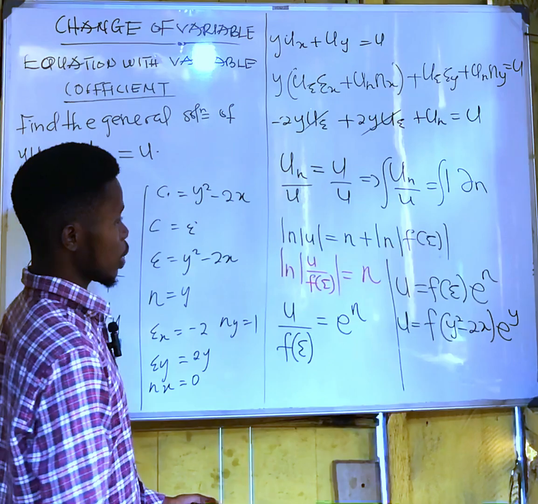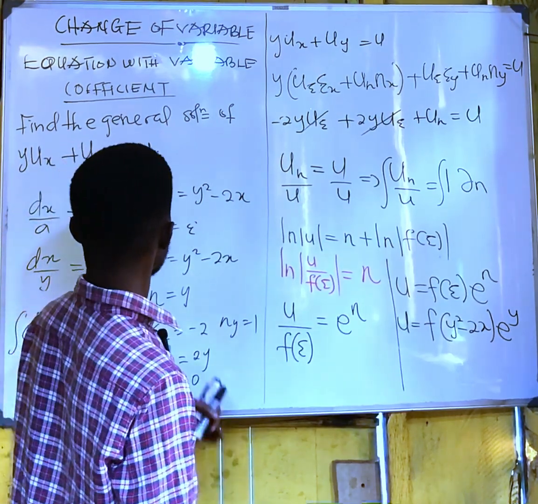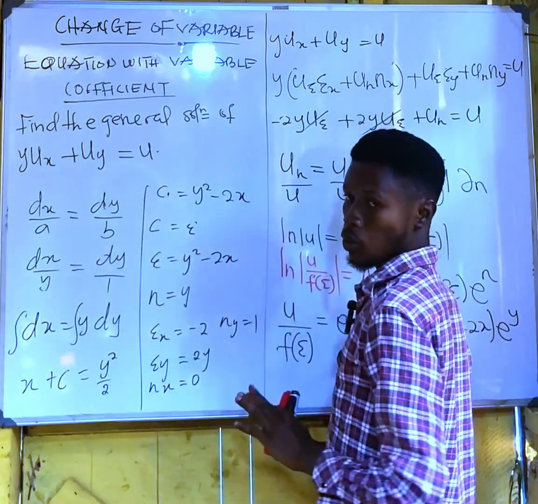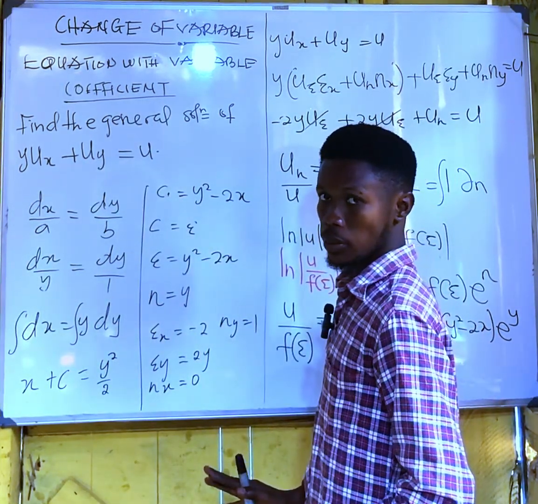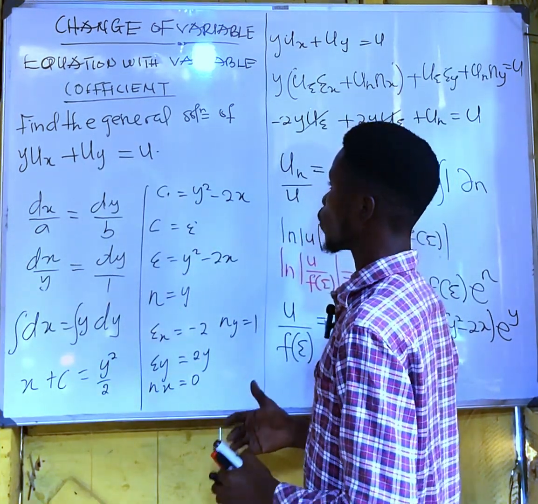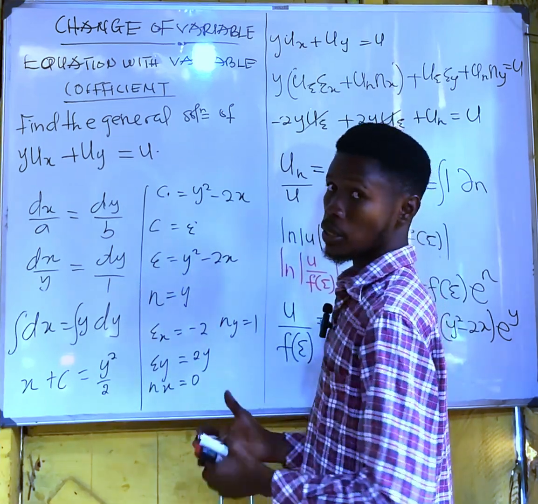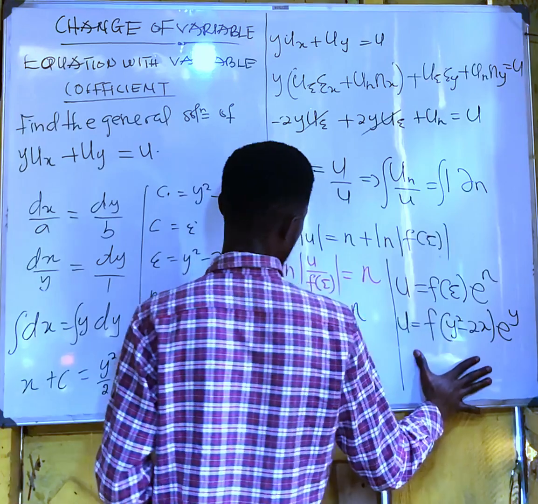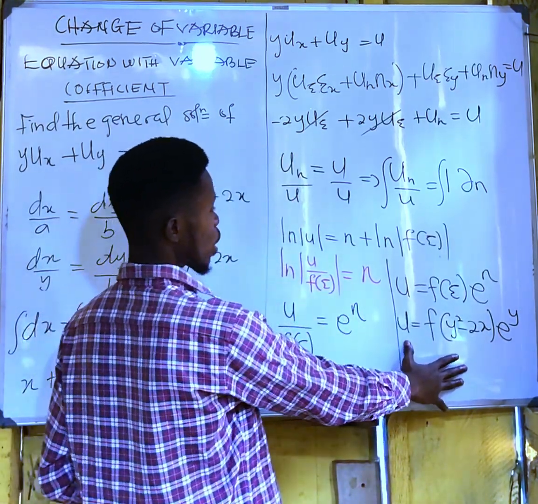Is that okay? Now, this you were to find what? The general solution. So we are done. Is that okay? We are done. If you are to find a particular solution, then we should have moved forward to substitute it here and get our particular solution.